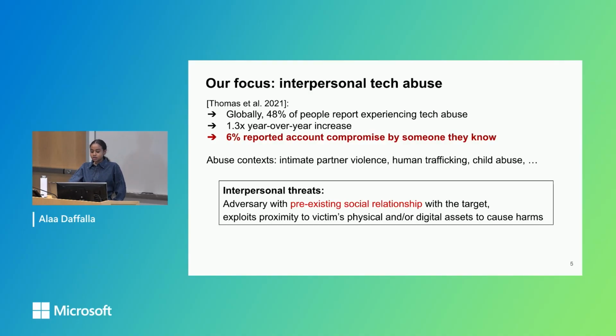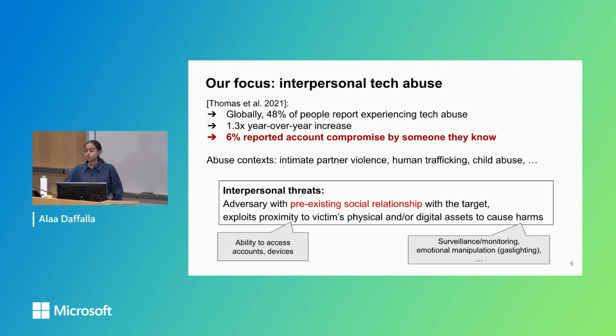So we define an interpersonal attacker as one who has a pre-existing social relationship with the target, and they exploit the proximity to a victim's physical and/or digital assets to cause harms. This proximity means that the perpetrator sometimes has the ability to access the victim's devices and online accounts, and the resulting harms could be surveillance or monitoring and emotional manipulation, among others.